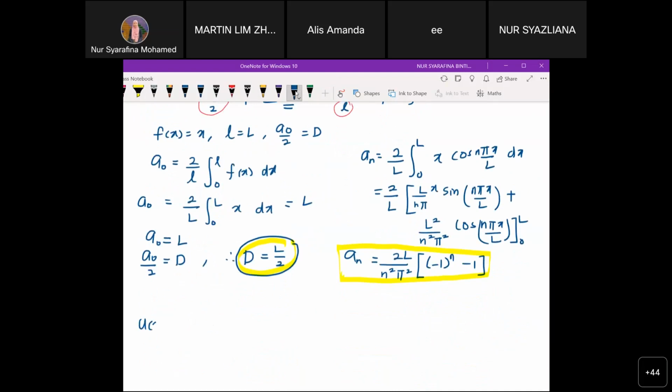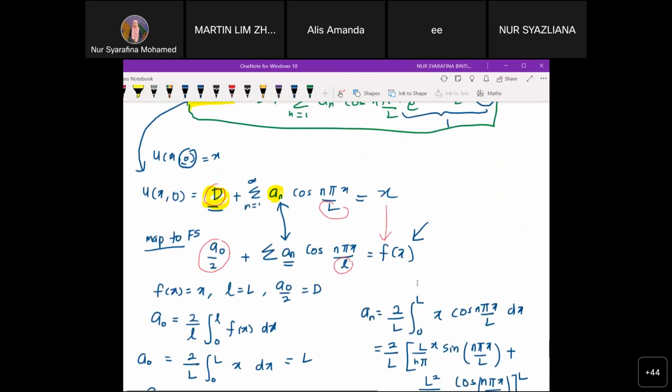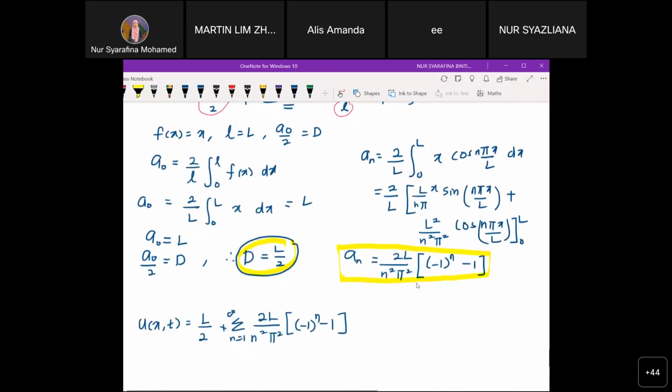So the final solution of u(x,t) will give you D is L over 2, plus the summation from n equals 1 to infinity of A_n, 2L over n squared π squared, ((-1)^n minus 1), cos(nπx/L), times the exponent of negative square t.